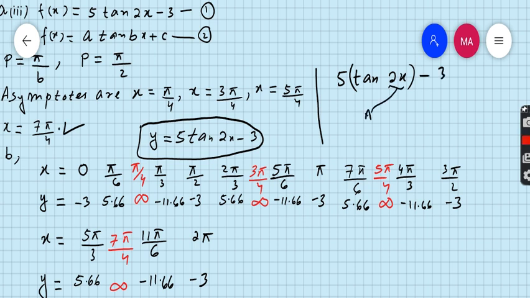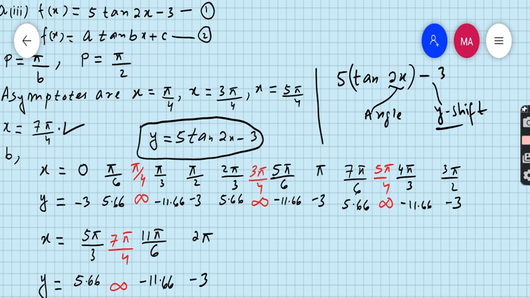This 2x is the angle and this minus 3 is the y shift. So whenever you write in your calculator 5 tan 2 into 3 pi by 2, close the bracket and then write minus 3, you will get minus 3.